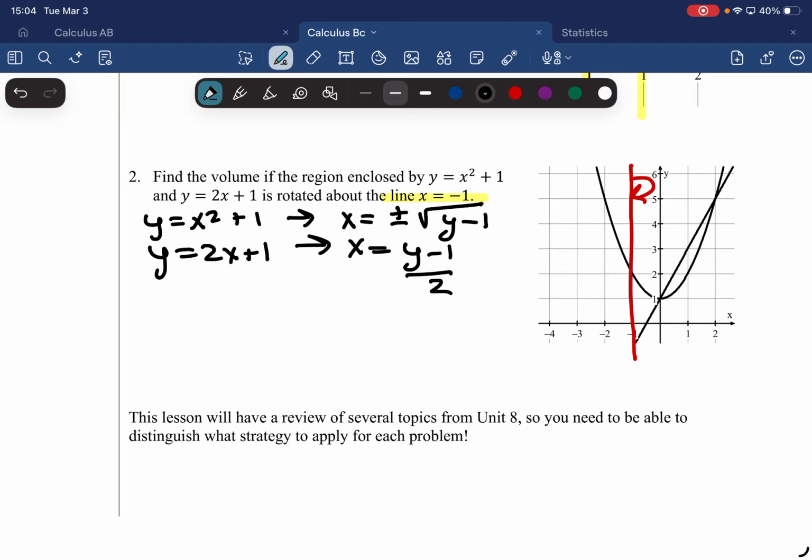Once I have this in terms of the correct variable, now I'm going to do the reflection, or the mirror image, over this x equals negative 1 line. I have this area here, and I need to put that on the other side of that line. Looking at the bottom where I have my first intersection, it is 1 away. So I'm going to make sure that this one is also 1 away.